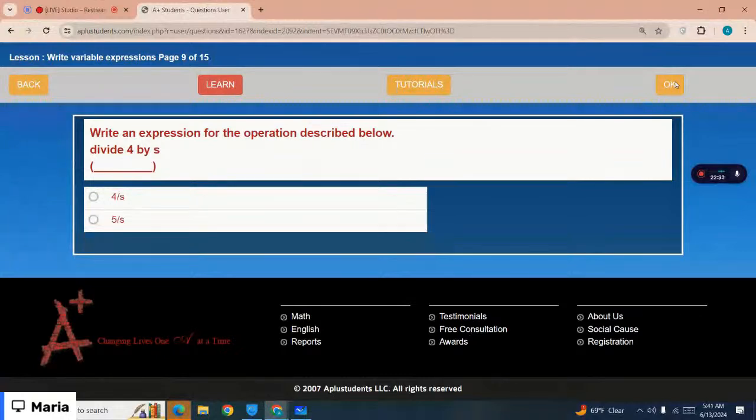Divide 4 by s. Option number 1 is the correct option.